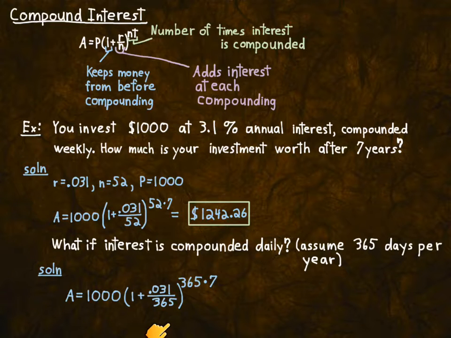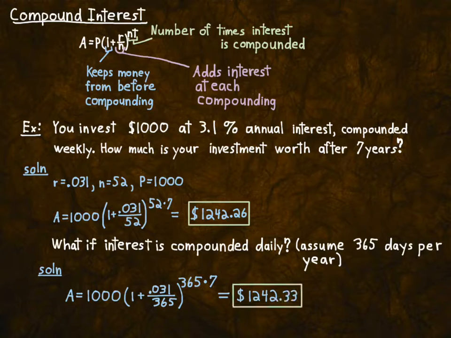And certainly each time you're going to get less interest than if you compound it every week, right? So you have to take your annual interest rate and divide it by 365 times per year that it's compounded. You only get 1/365 of the annual interest rate each compounding.